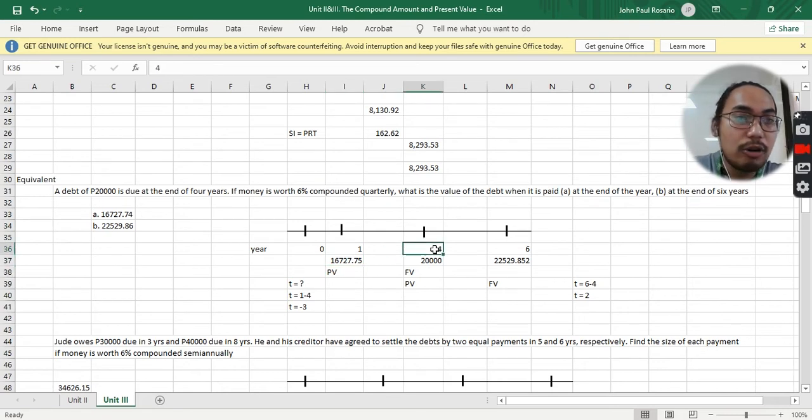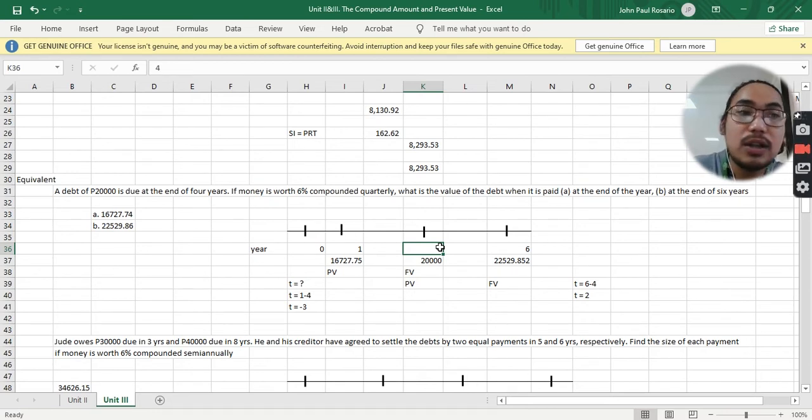And then this is your 4 years from now value, 20,000. Since it is the value 1 year from now that is being asked, how should you solve it? First, you have to determine whether you will be using the present value formula or the future value formula.